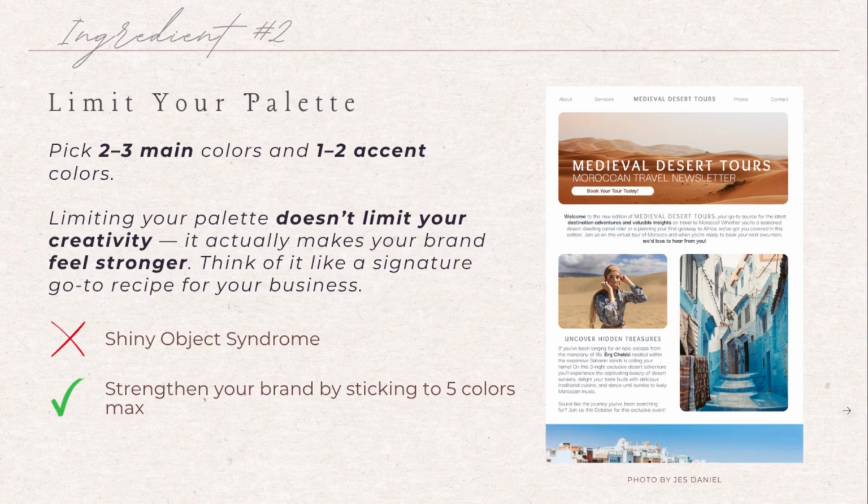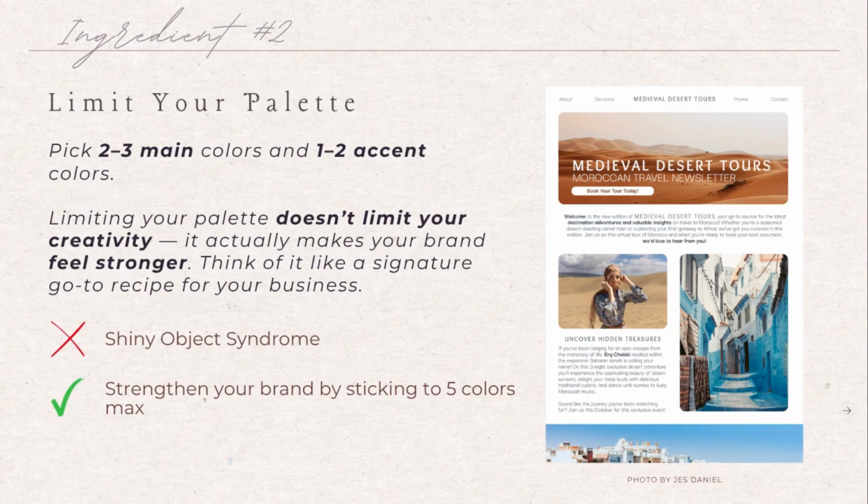Here with Medieval Desert Tours, what we did was we created the mood board first, and then we saw those 4 colors, just 2 main colors and 2 accent colors, and you will see that repeated throughout. And of course you can add other colors, but you typically want to stick with those main 4 or 5 colors.